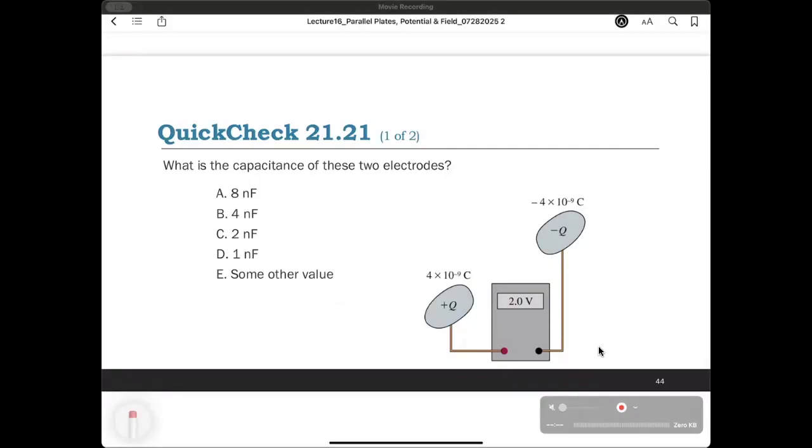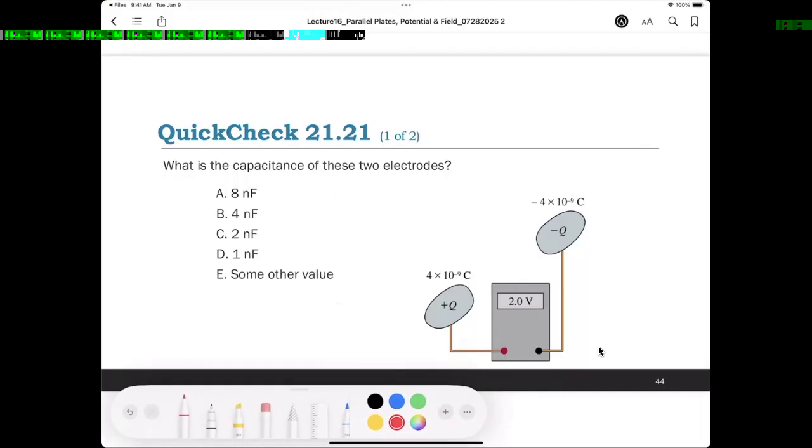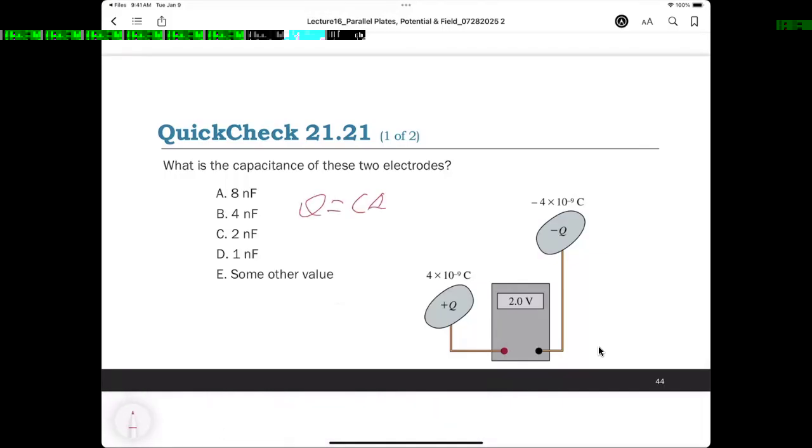Okay, let's talk about this question. What is the capacitance of these two electrodes? We know the equation Q equals C delta V, so this question lets us calculate the capacitance.